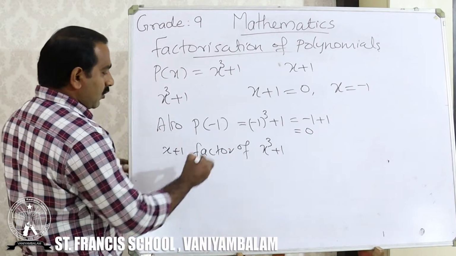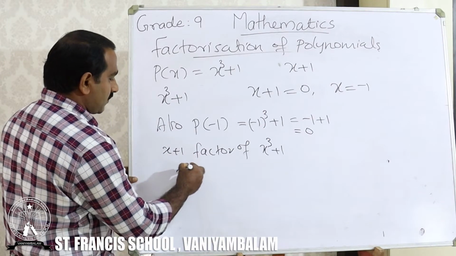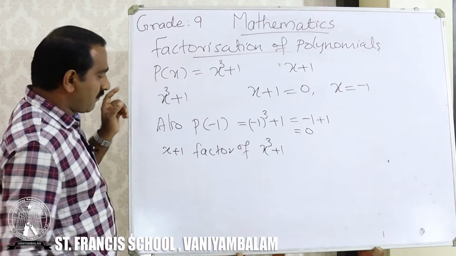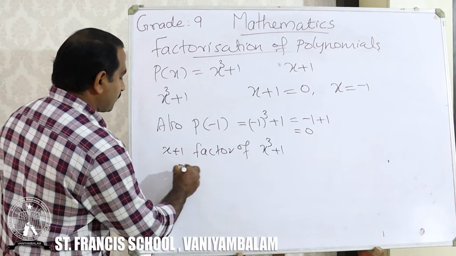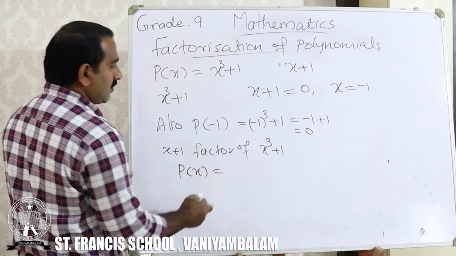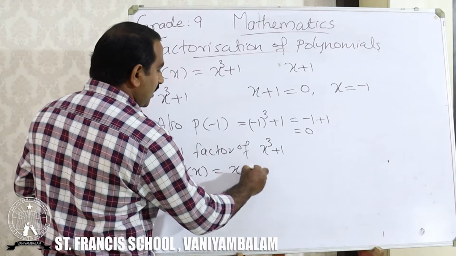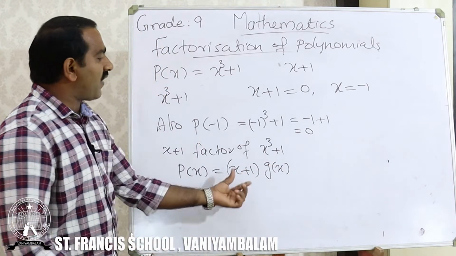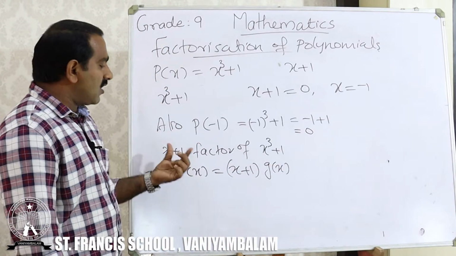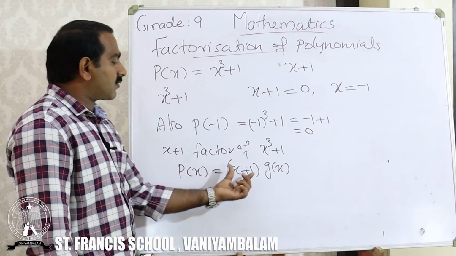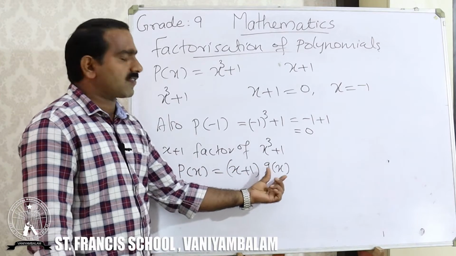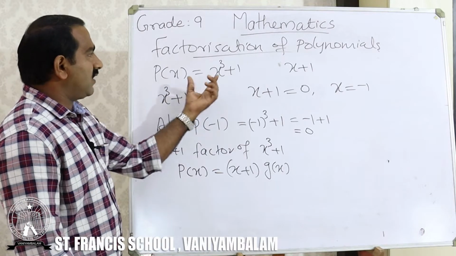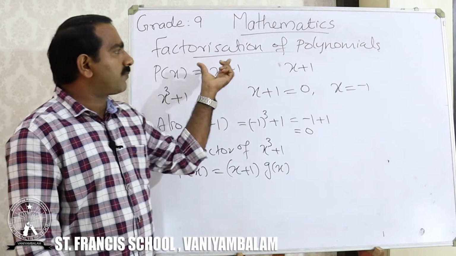So we can write P of x equal to x plus 1 into g of x. X plus 1 is a factor of the polynomial P of x, so we can write P of x as x plus 1 into g of x for some polynomial g of x.